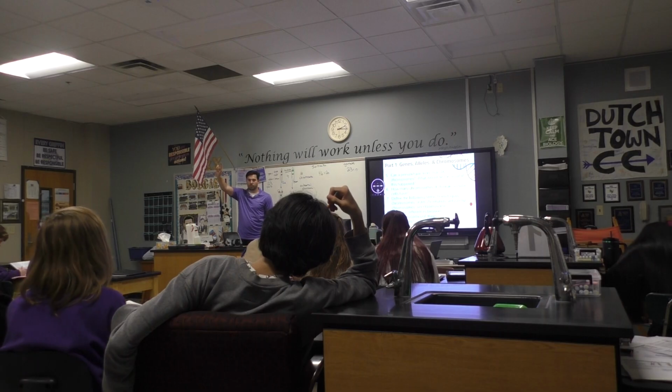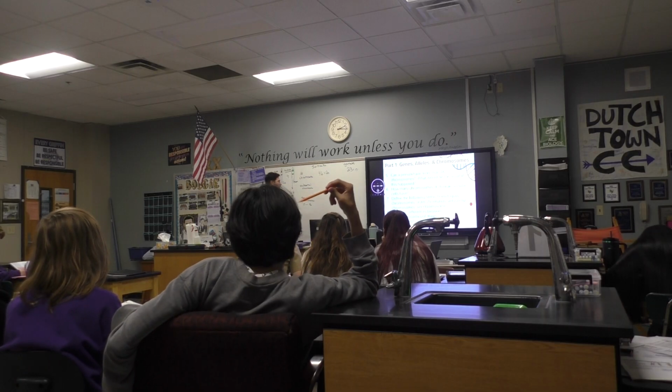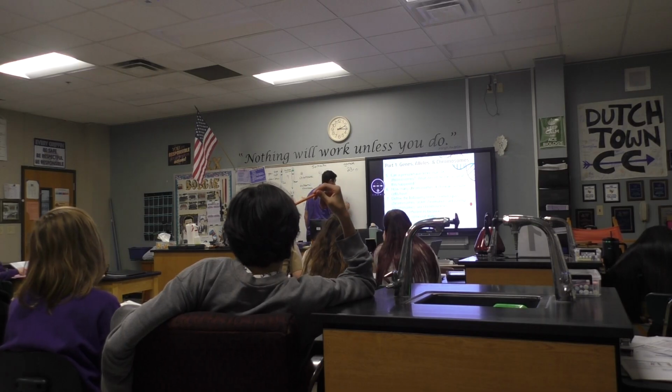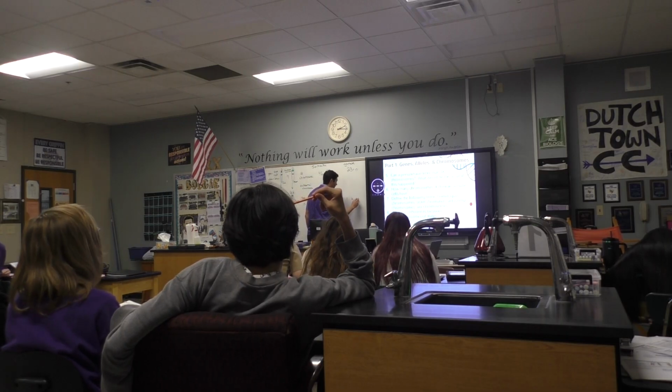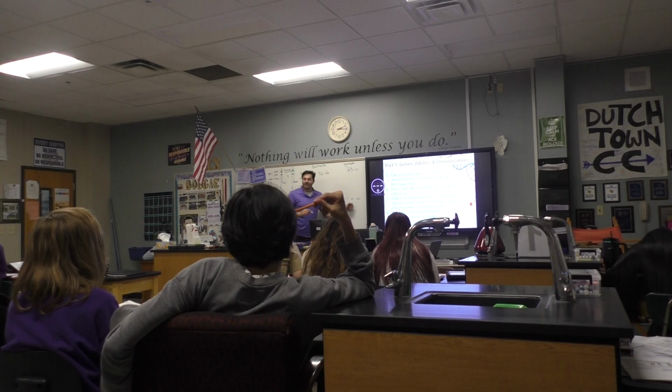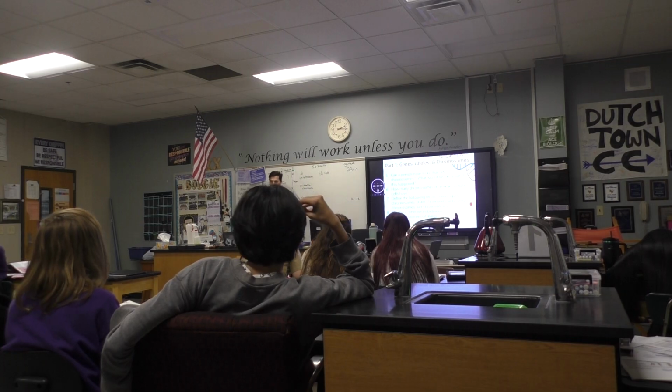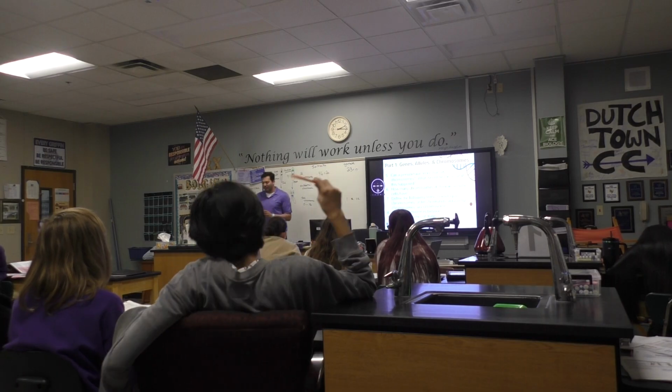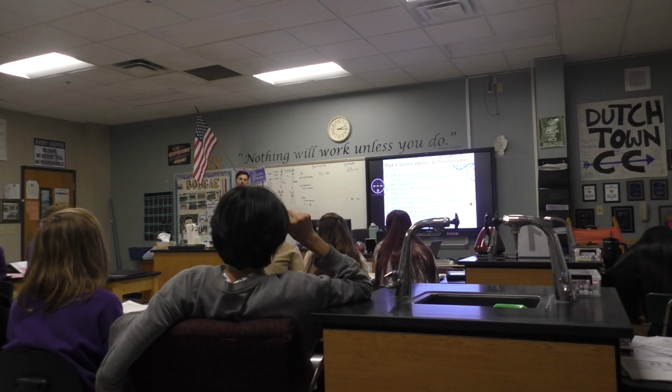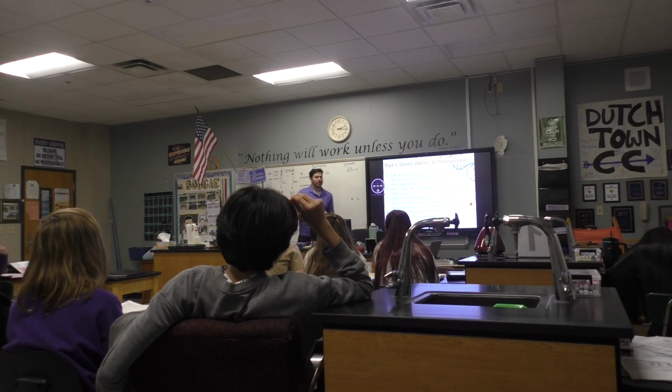We have 23 and 1 as answer choices. Anybody else? 16. Okay, so our choices are 1, 16, and 23. We're going to eliminate 16 off the bat. So now we're left with 1 and 23. One of these is the correct answer.